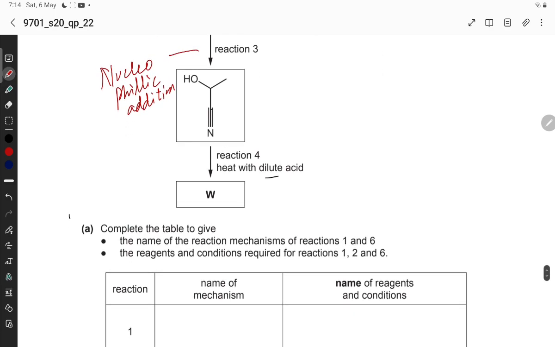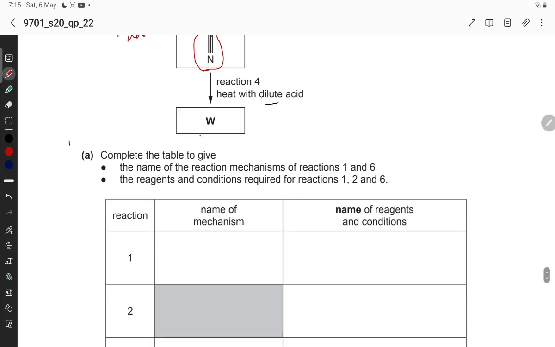And reaction 4, heat with dilute acid. Compound WCN is hydrolyzed to form carboxylic acid.